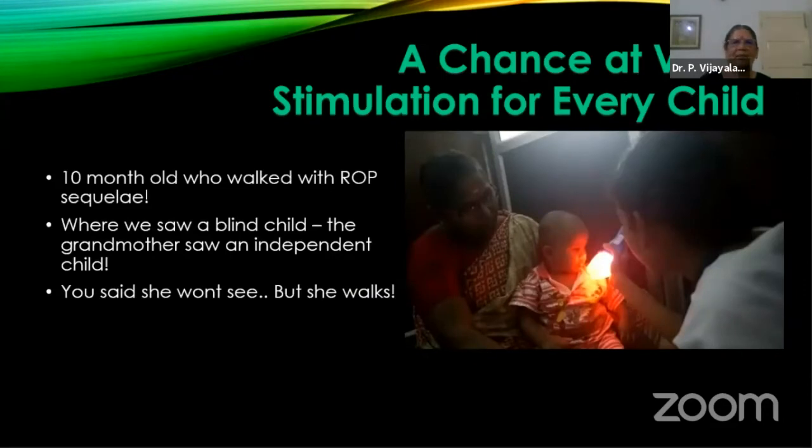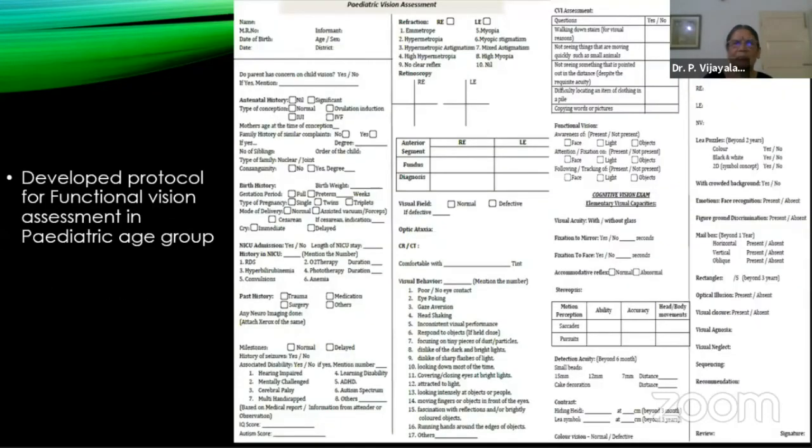So when they have even perception of light, we should not say this cannot be improved. Just by light stimulation, getting an ambulant vision, like catching or reaching for an object or walking, should be enough for that particular child.